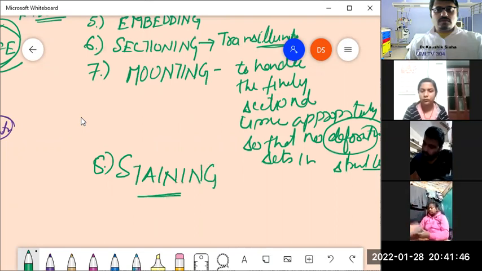So staining is the second last step. What is the purpose of this particular step?